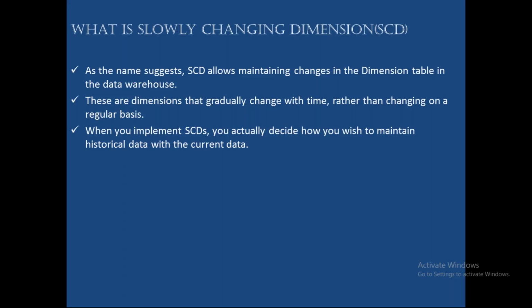Do you want to maintain just the current record, or the entire historical data? Along with the history, you want to maintain current data, or you don't want historical data? If I don't require the history data for my business, then you are going to leave those things. That depends on SCDs.